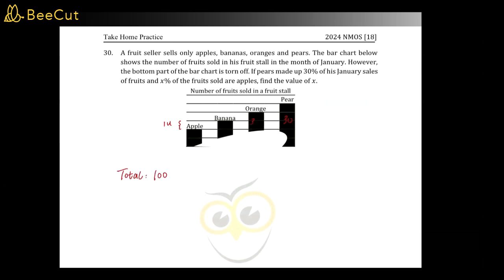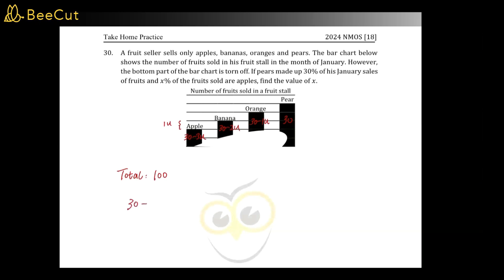Orange is 1 unit less: 30 minus 1U. Banana is 30 minus 2U. Apple is 30 minus 3U. So everything adds up to the total 100.